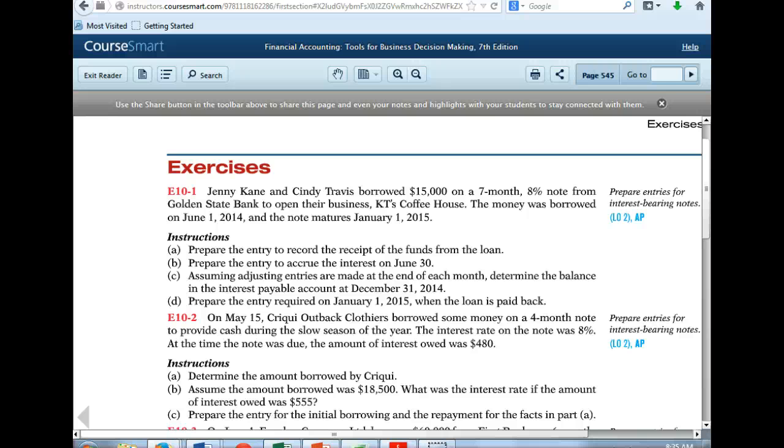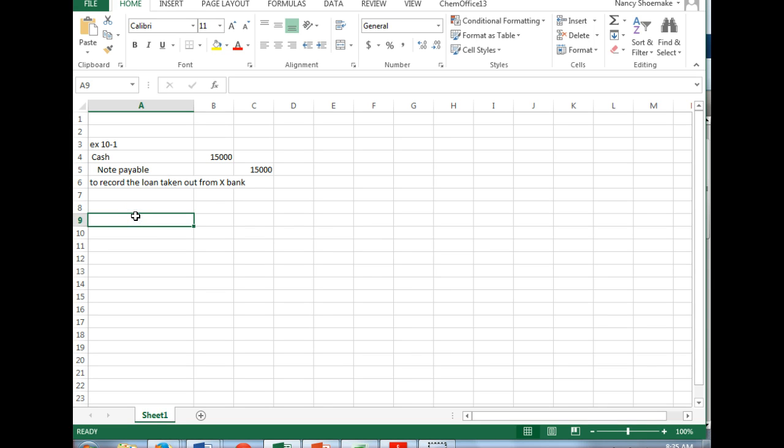We've borrowed $15,000 times 8% times 1/12. We've borrowed the money for 7 months, but interest rates are always stated annually, okay? So in this case, we're going to show an interest expense of $15,000 times 8% times 1/12, or what would that equal, guys?